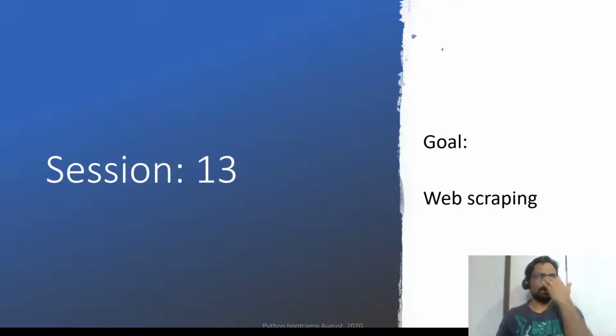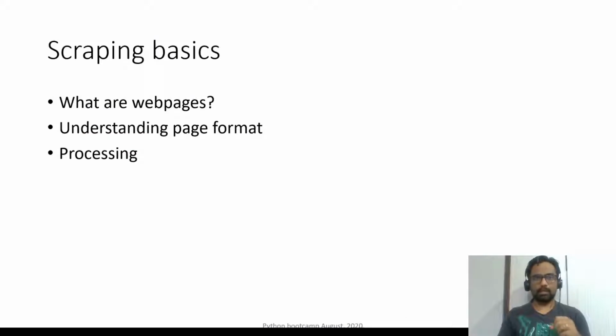So we need to understand how websites work first, what the backend structure is, and then we need to collect the data. The browser is one of the ways to collect data from websites. So let us try to understand what web pages are, and what the page formats are.